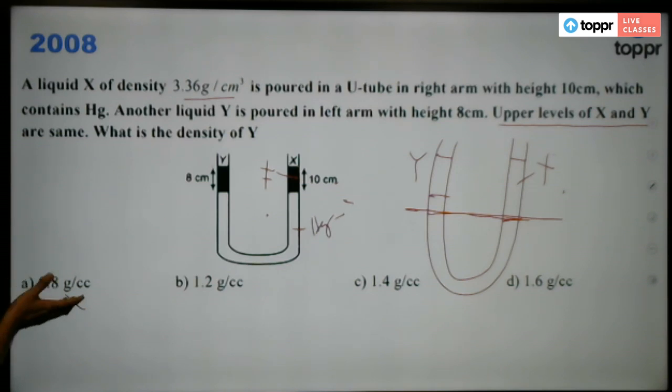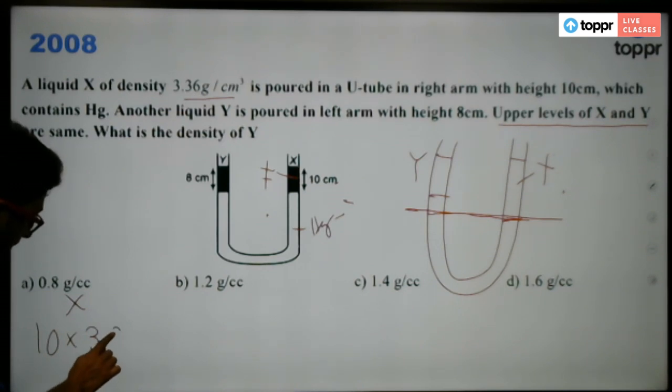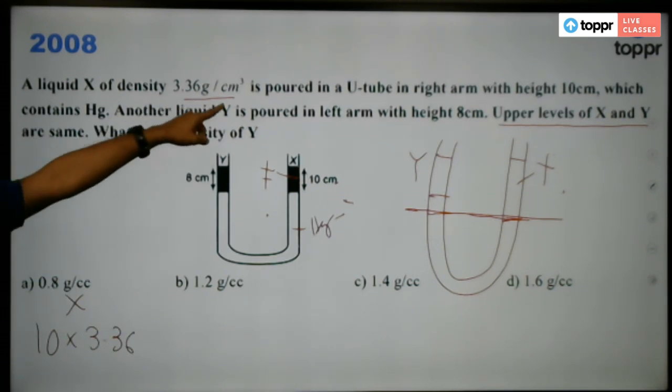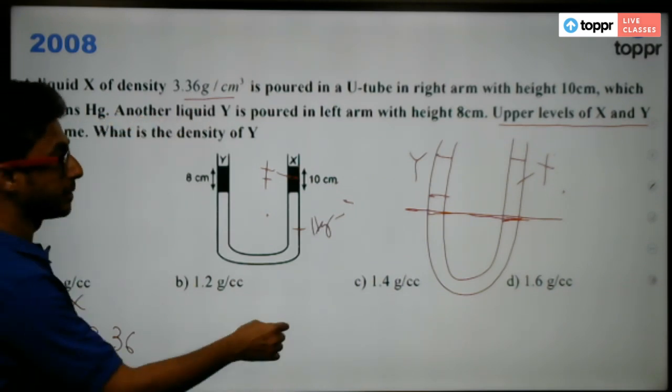For X liquid, what is the height? It is 10. H means height is 10. Rho, what is the density of liquid X? 3.36. So density is 3.36 gram per cc. Here the height is also 10 centimeter.